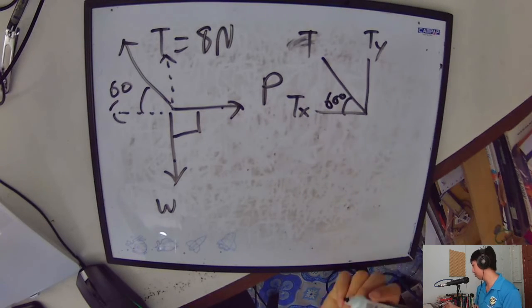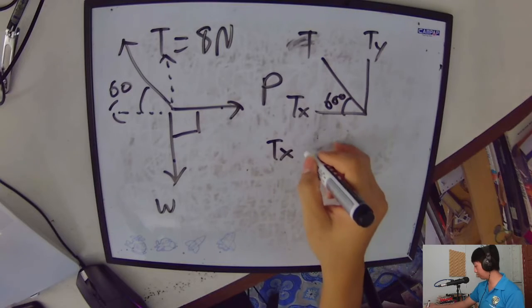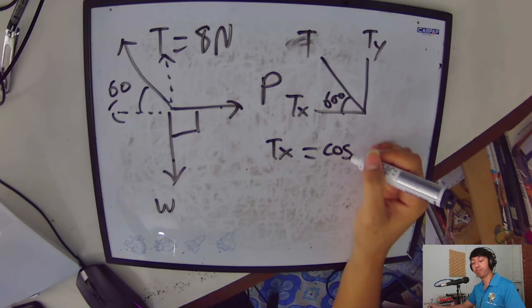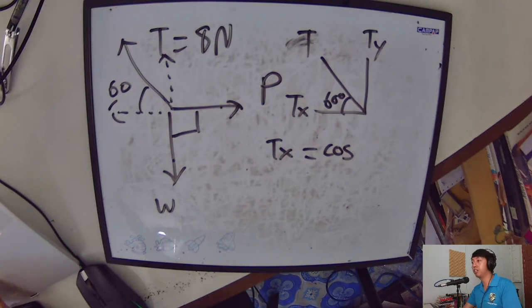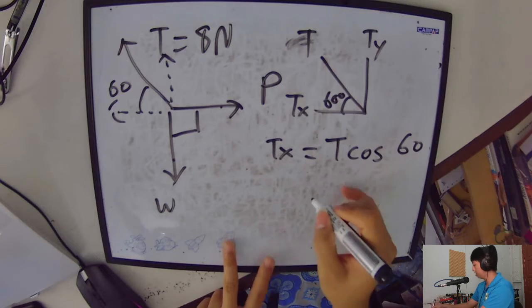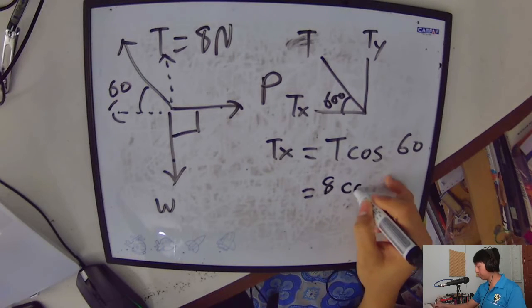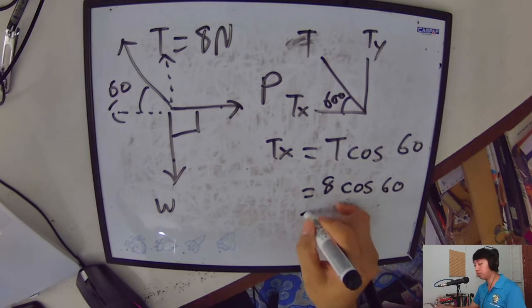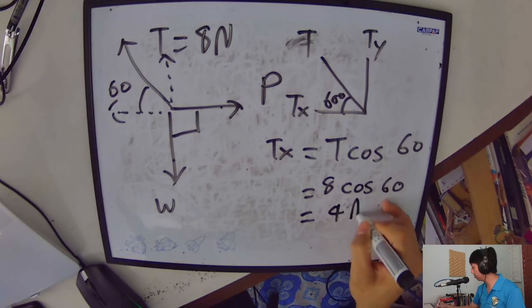And so we know that Tx equals T cos 60, which is 8 cos 60, which is 4 newtons.